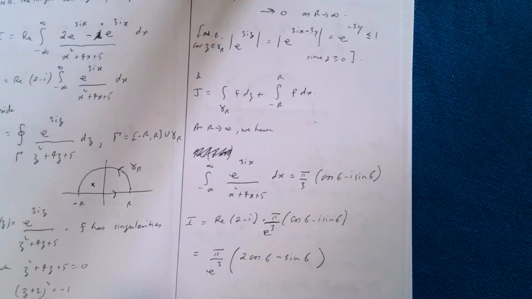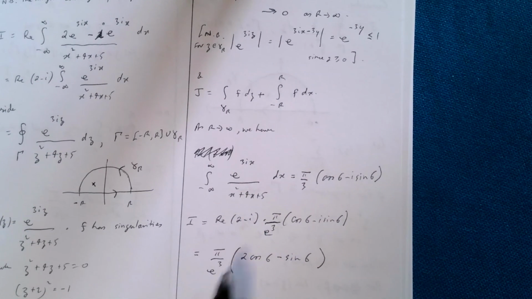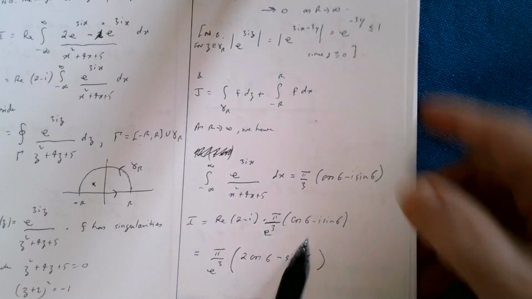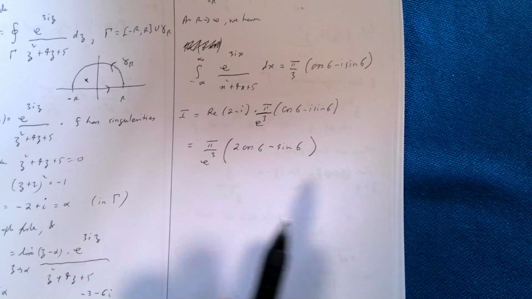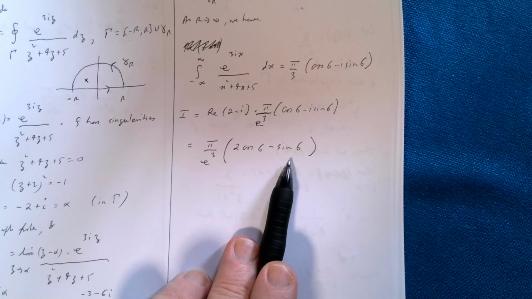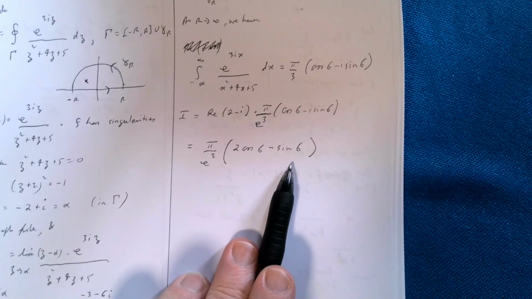And again, if you just multiply this out and pull out the real part, we end up with pi over e cubed, 2 cos 6 minus sine 6. And there's the value of the improper integral.